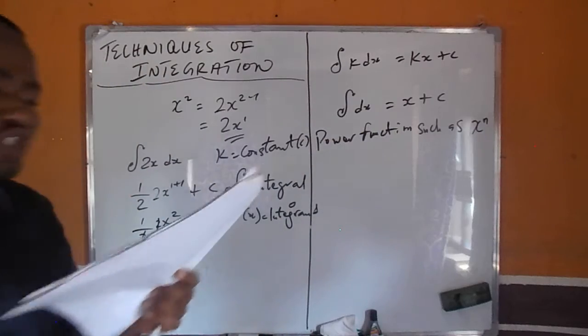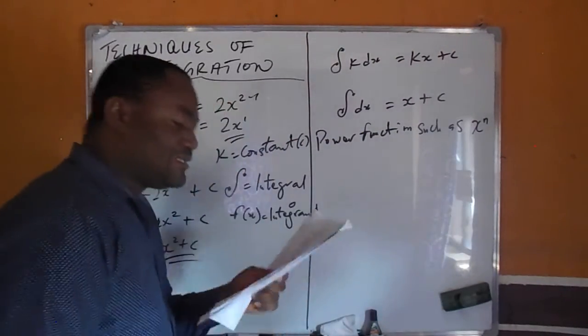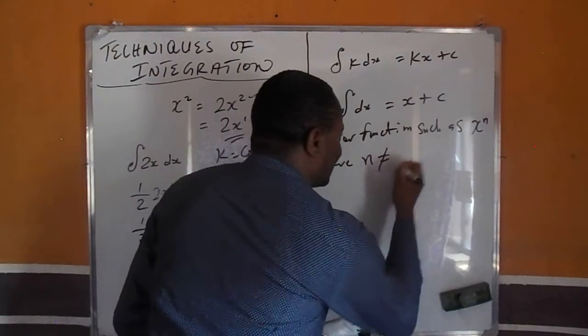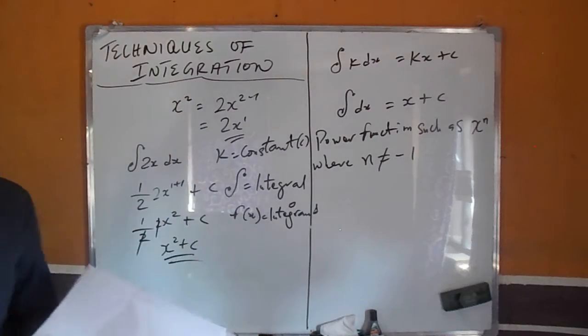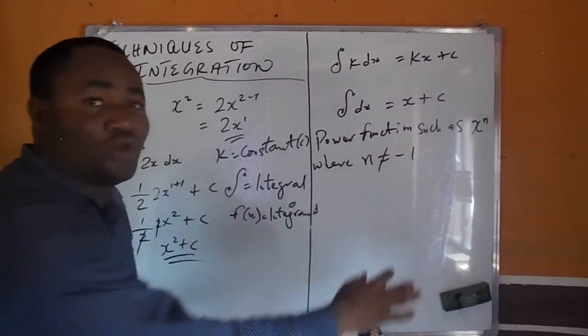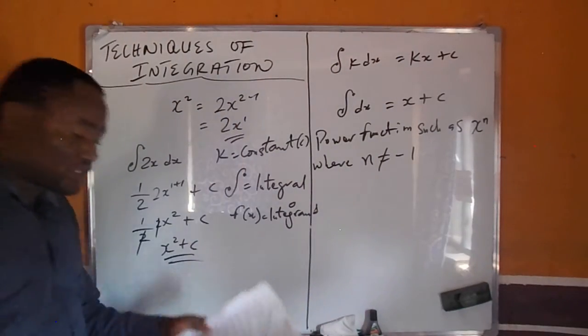This is a power function where n is not equal to minus 1. This sign simply means not equal to. Where n is not equal to minus 1.